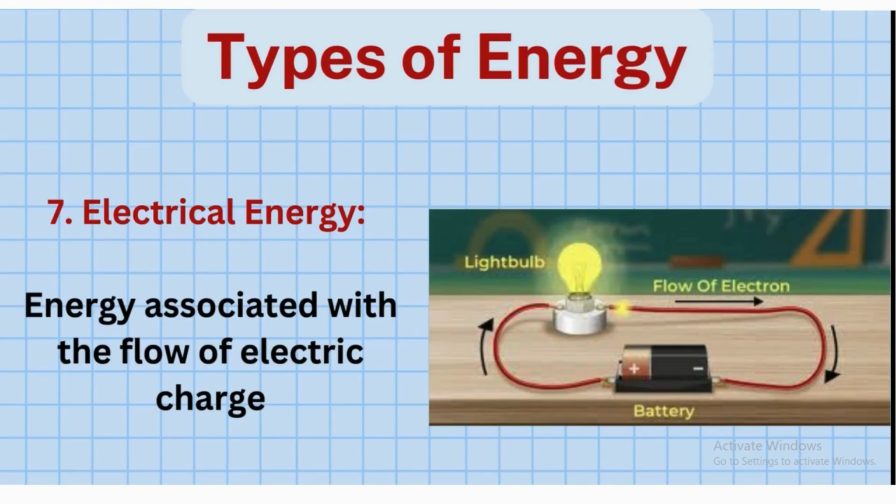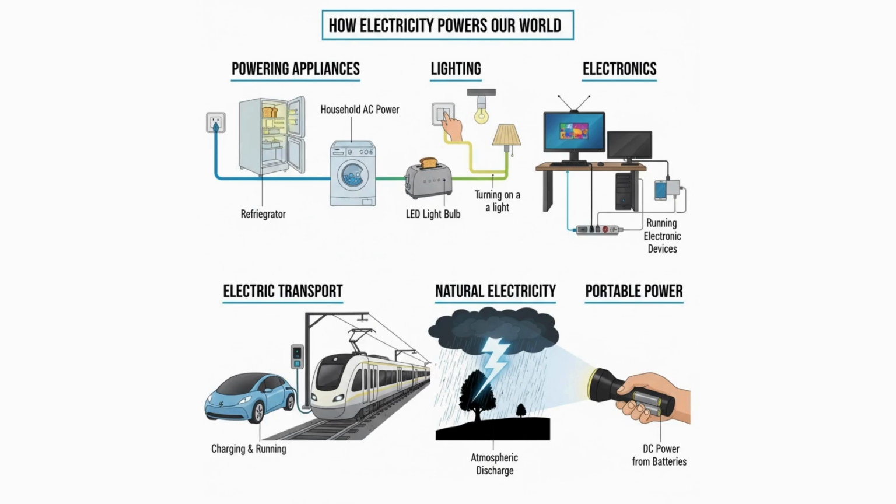Now electrical energy, which is basically the energy associated with the flow of electric charges. When electric charges flow, they possess energy, and this energy is electrical energy. Examples include powering a refrigerator, washing machine, or toaster.